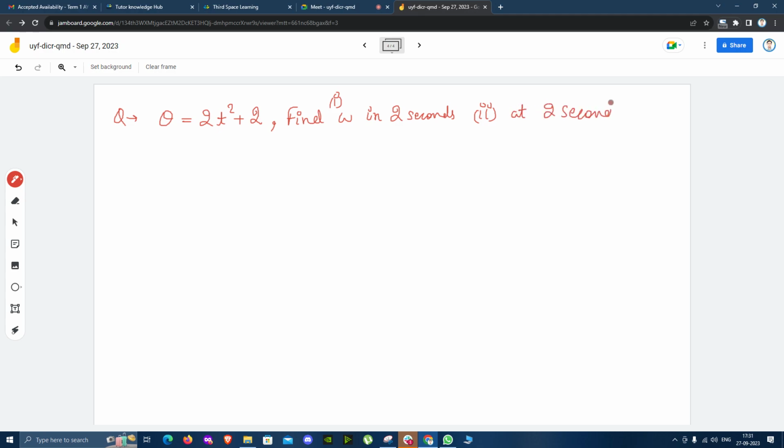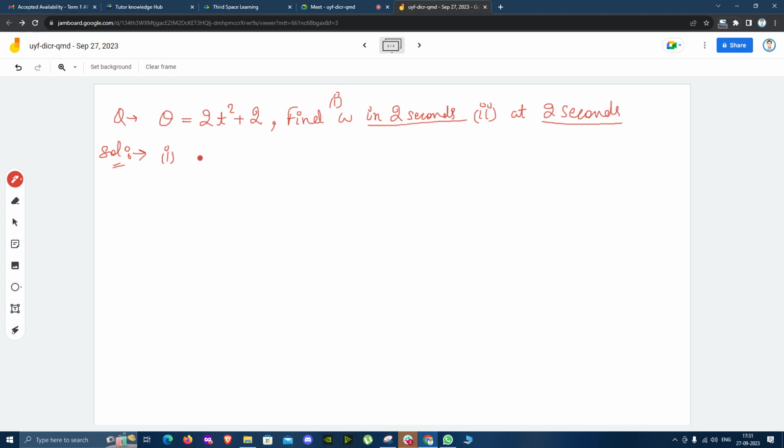These are two different things. In 2 seconds means from time t equal to 0 second to t equal to 2 seconds. Between those 2 seconds, what was the angular velocity? But at 2 seconds is the instantaneous velocity. We will see now. You can try it on your own, but let's try it now.